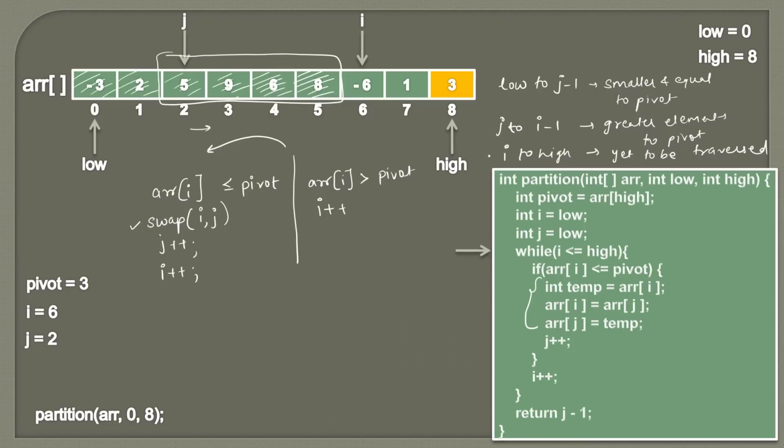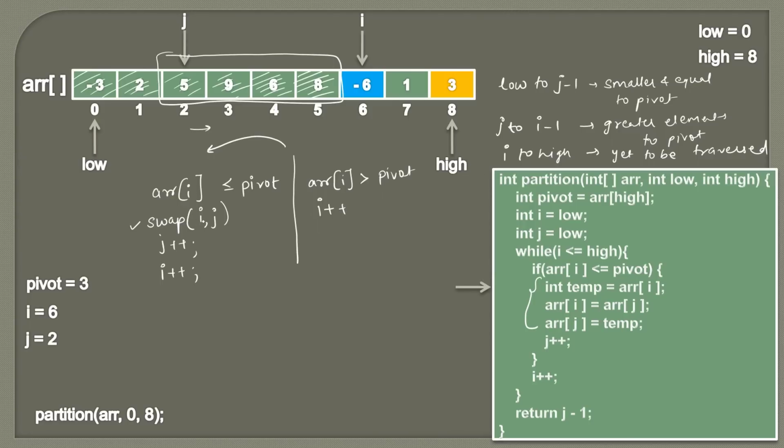i is still less than or equal to high. This condition is true. Now -6 is less than 3. So therefore array of i is less than or equal to pivot. Now we need to throw this element in the left direction. And we know that j is actually keeping the track of that. So this condition is true.